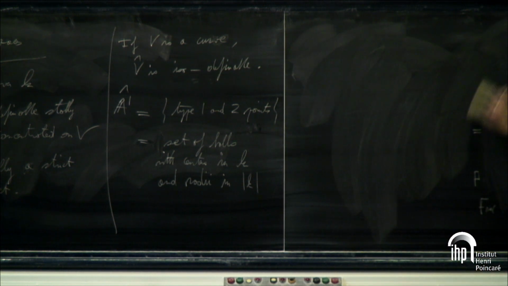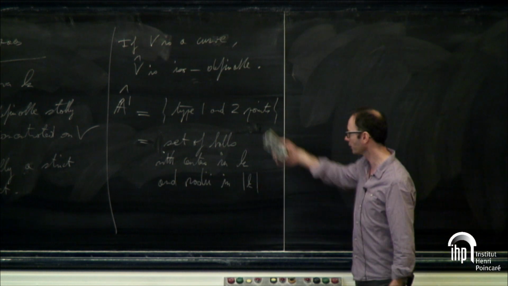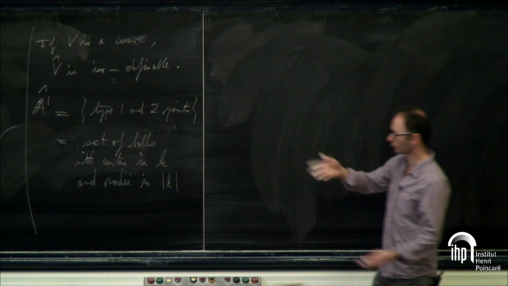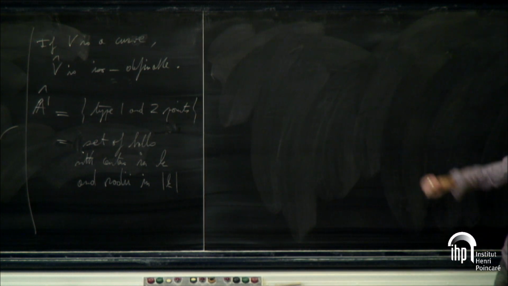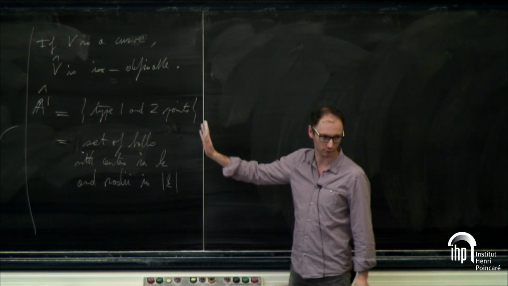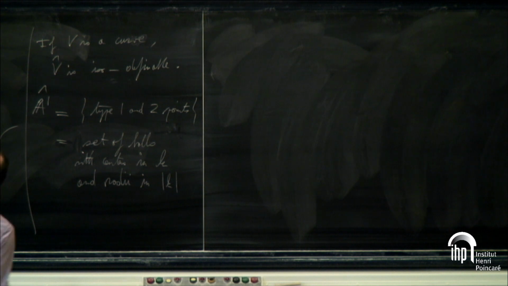It depends where you want to define it, like if you want to use the valued field and its value group. Basically, you have to take a quotient because there are some balls that need to be identified. But it's a set we understand quite nicely by some quotient. And I add the corresponding sort to the set of balls, and we are good here.